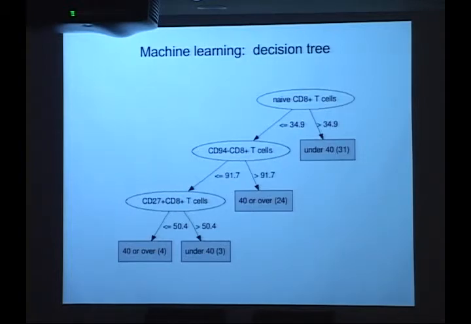And this is then something, you know, it's not definitive. You would have to go into other data sets to see whether the same predictors hold true, and whether this tells you something about biology. But in this case, it's actually not too surprising, because these are subsets that are known to change with age. Naive cells declining, and these CD27 positive cells disappearing with age, for example.